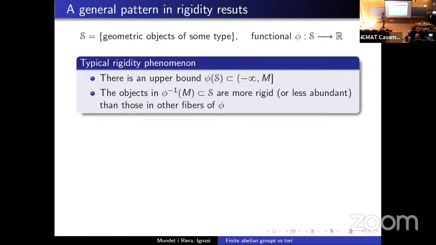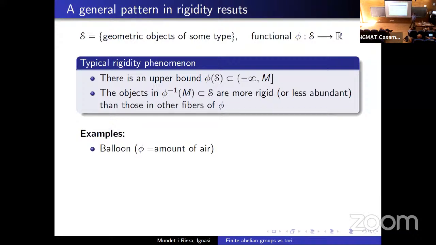The functional happens to be, say, bounded above. And the objects which attain the maximum tend to be more rigid or less abundant than those in the other fibers of phi. So let me give a few examples of this general pattern.